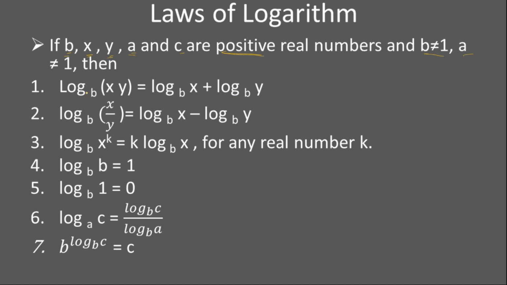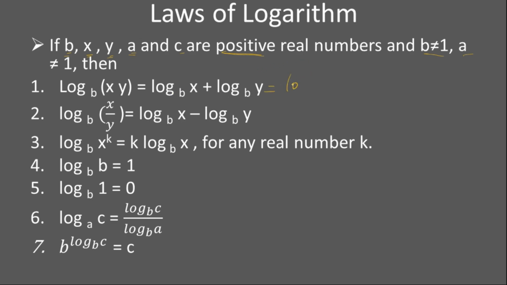The logarithm of xy to the base b can be written as the individual logarithms of x and y with the same base: the logarithm of x to the base b plus the logarithm of y to the base b. This statement is easy to see with simple numbers.